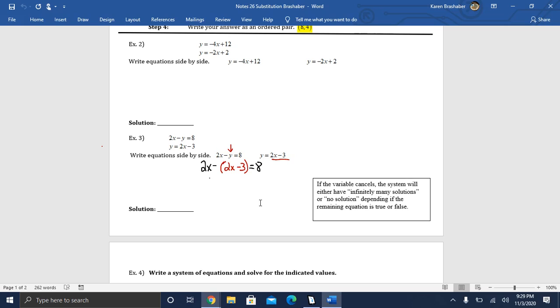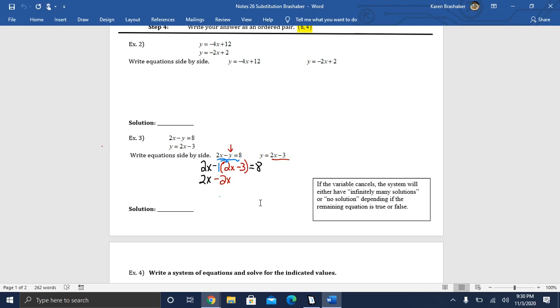So now I just need to remember that I will need to get rid of my parentheses. So having a negative sign in front of the parentheses, sometimes it's easier to write that as -1 so that I remember I'm distributing -1 times 2x, that would be -2x, and then I'm distributing -1 times -3.